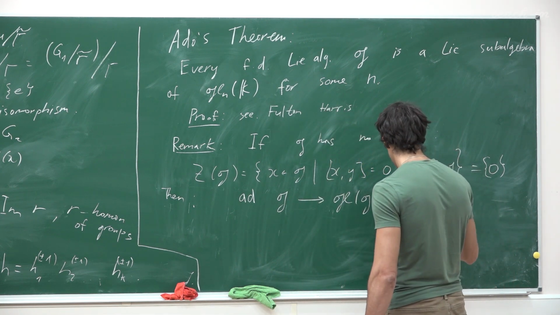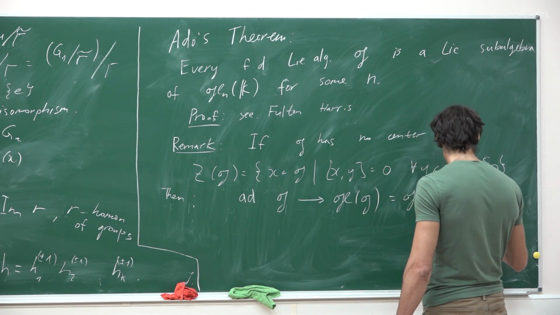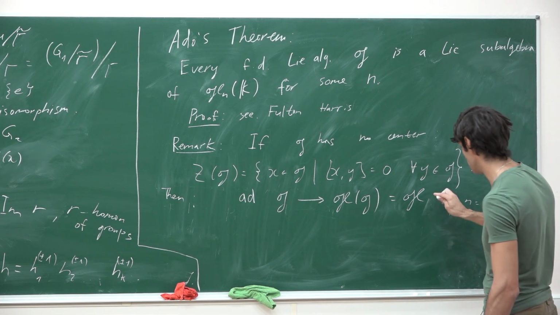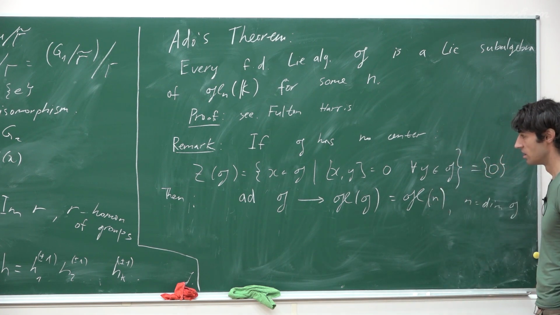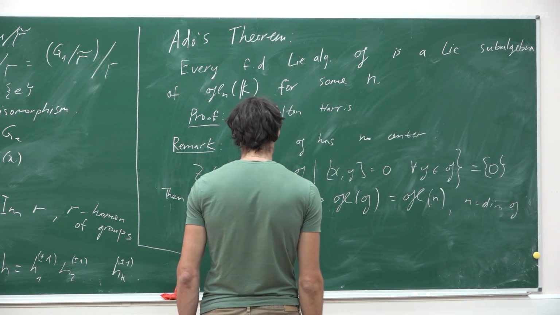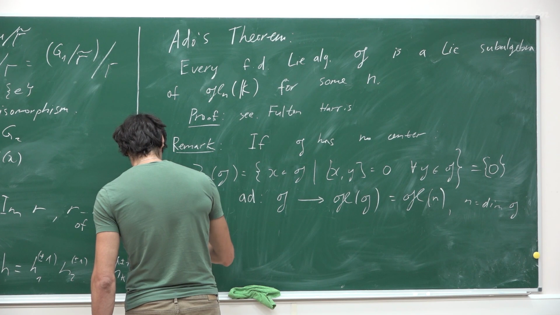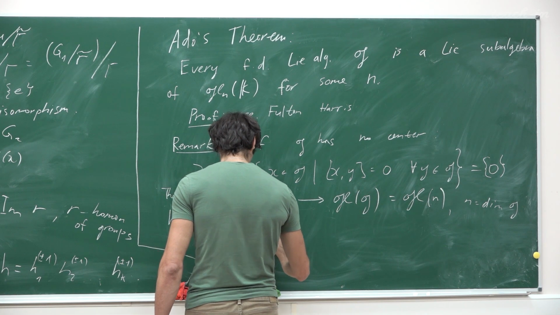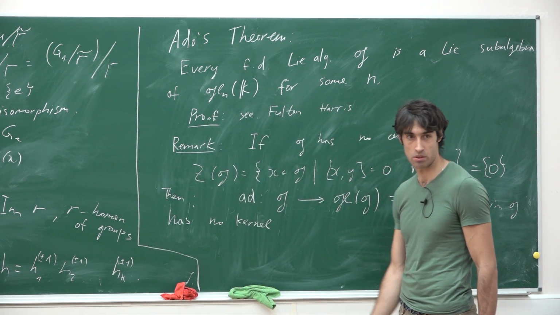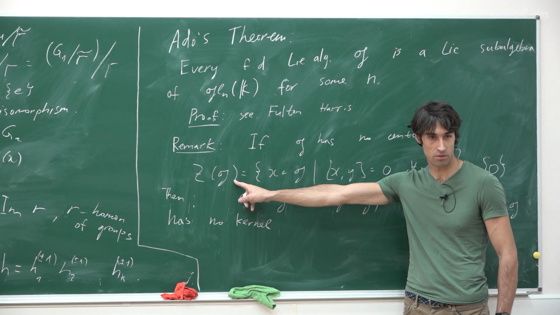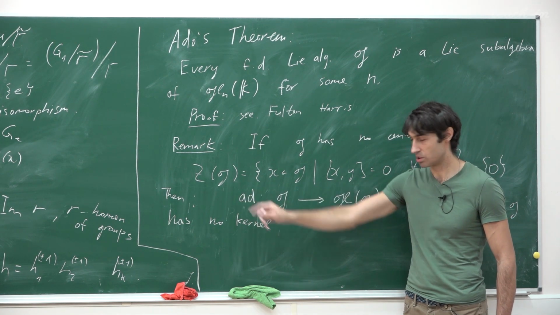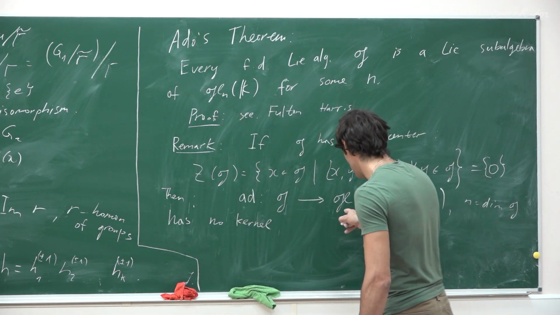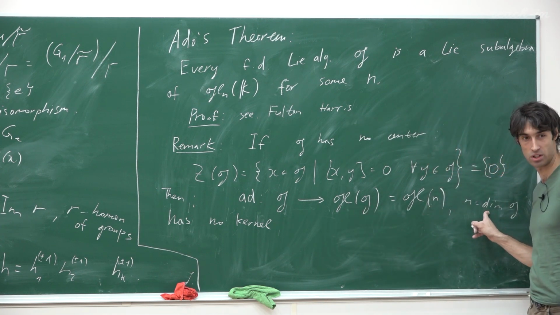Which is the same as GL_n, where n is the dimension of G. So then this has no kernel, because the kernel of this is exactly the center of the Lie algebra 𝔤. And it means that 𝔤 is a subalgebra in GL_n where n is the dimension of 𝔤.